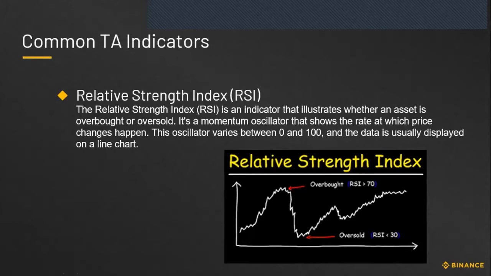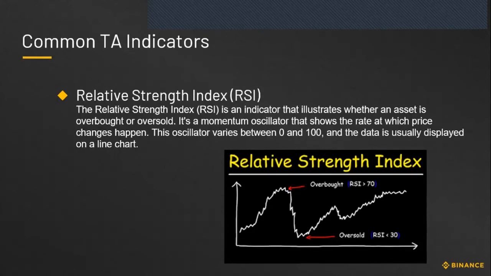This market is being overbought on this chart at this place, and at this point here, it shows that it's being oversold. Okay, so it's a momentum oscillator that shows the rate at which price changes happen.